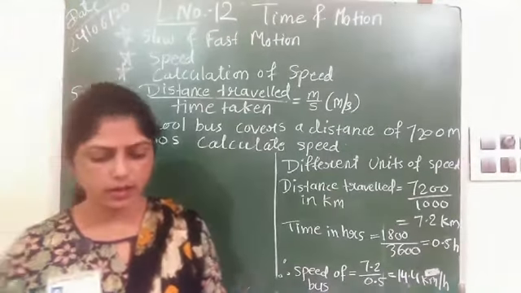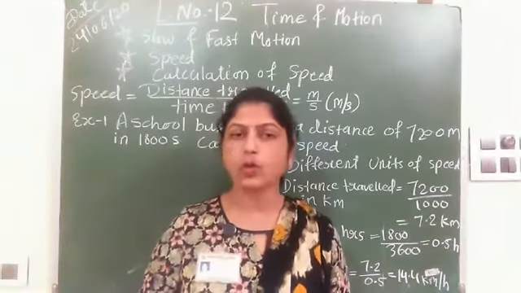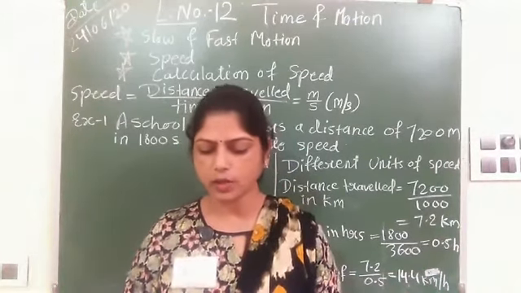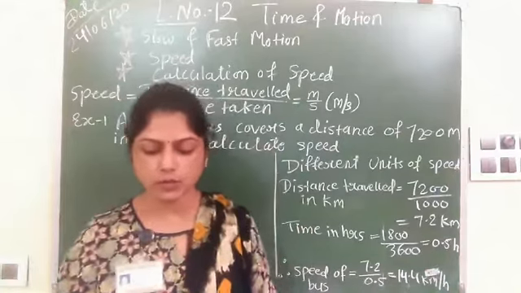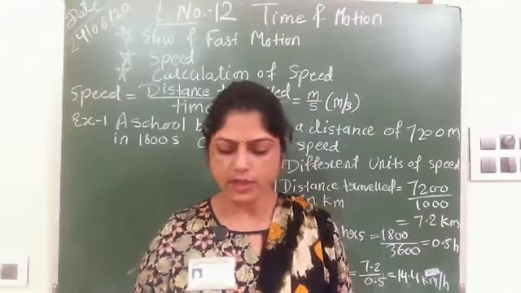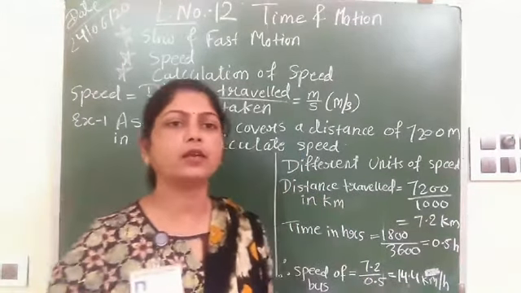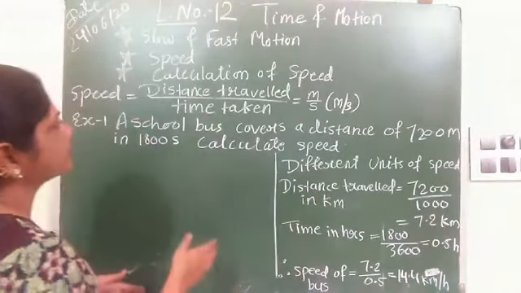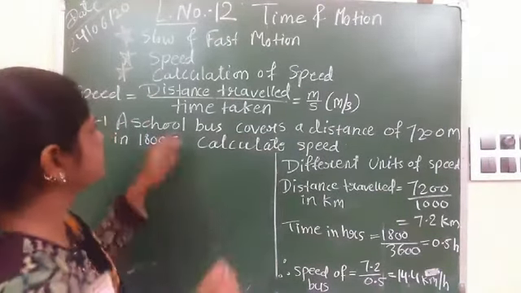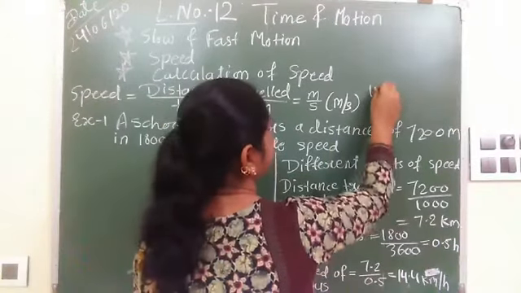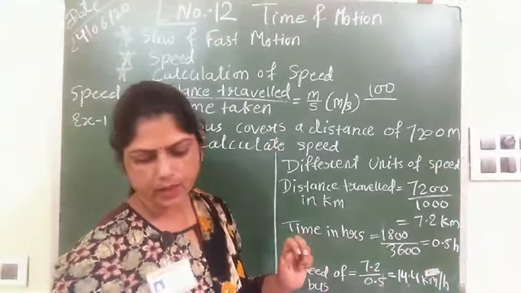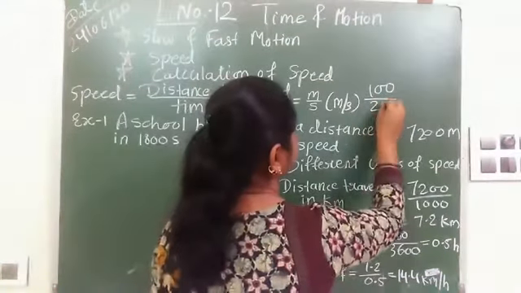Here in the book, an example is given. Shreya, Ronald, Shabina, Kirti participated in a race. They took 20 seconds, 22 seconds, 25 seconds, 28 seconds respectively to reach the finishing line. So how do we calculate the speed here? By this formula. If we take distance 100 meter, then Shreya covered it in 20 seconds.